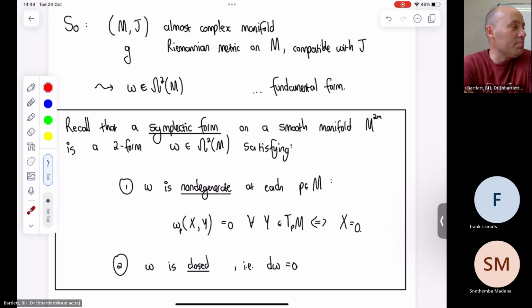So then you have position and conjugate momenta, and there's this beautiful way of rephrasing Newtonian mechanics in terms of Hamiltonian mechanics.